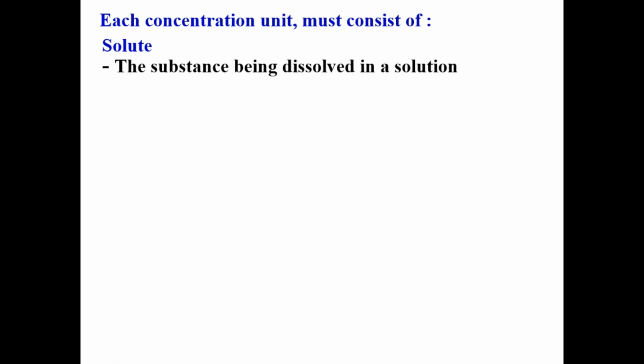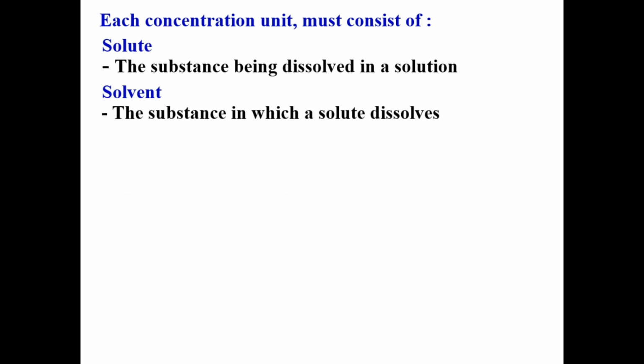Alright, before we go further with the calculation of each concentration unit, each concentration unit must consist of solute. Solute is defined as the substance being dissolved in a solution. Next, solvent.